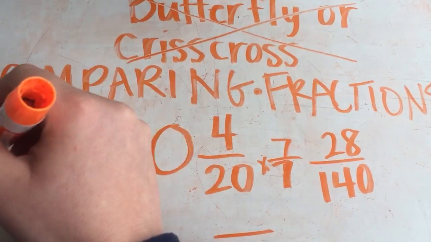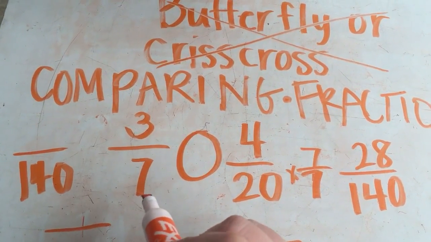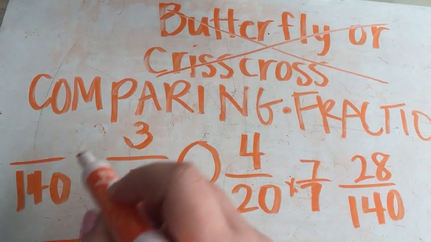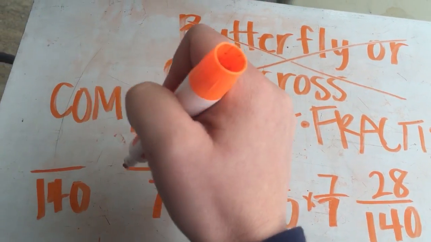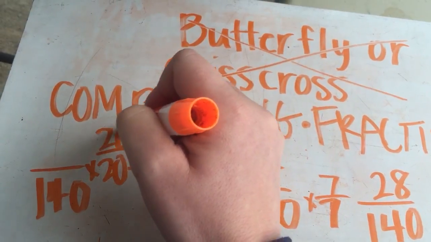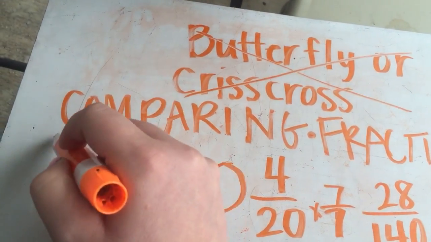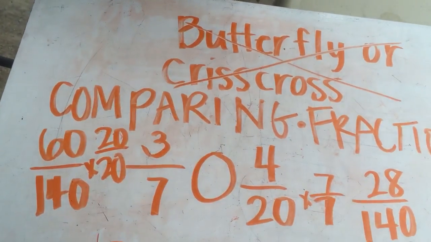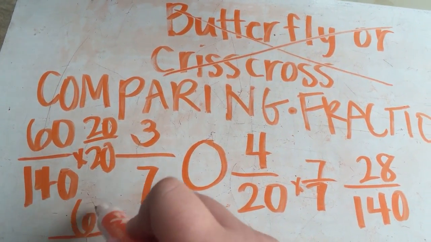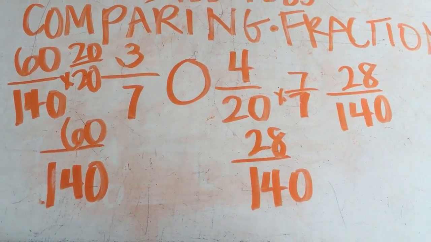To go from 7 to 140, I had to multiply times 20, okay? So whatever you do to the bottom, you also have to do to the top. And 3 times 20 is 60. Okay, now I can compare these two easily.